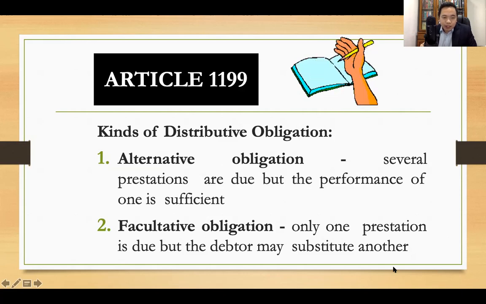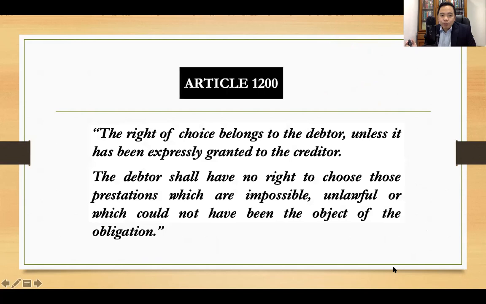So the difference is that in alternative obligation, there are several prestations. In facultative obligation, there is only one prestation, except that the debtor may substitute another prestation from the one existing. In alternative obligation, the debtor may perform one of the several prestations.